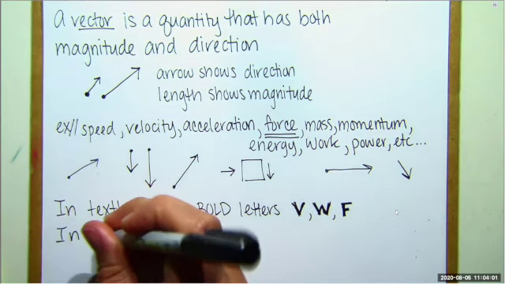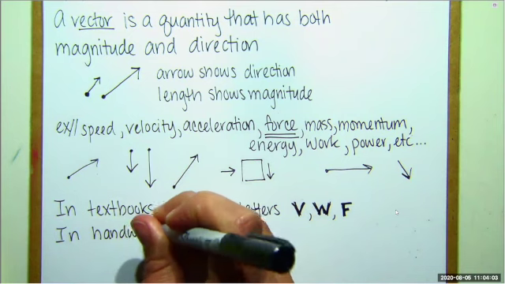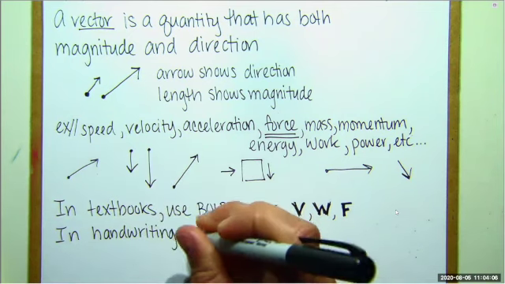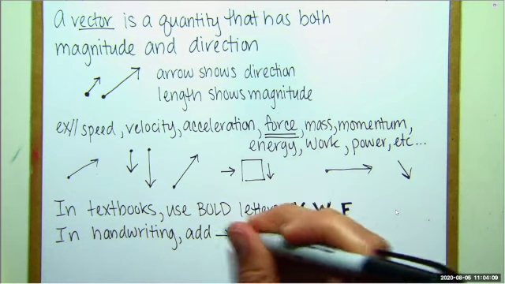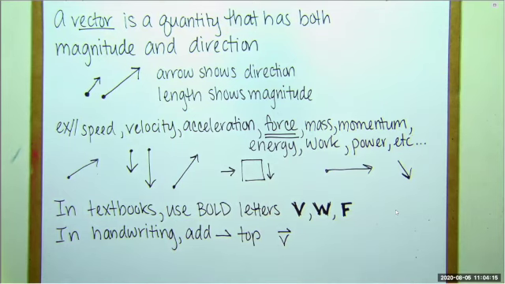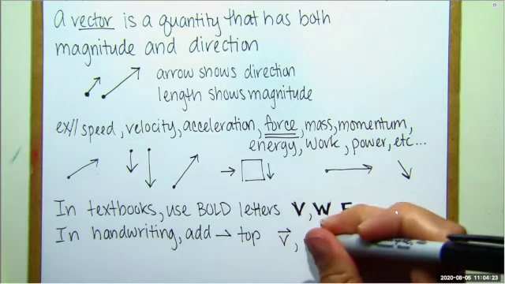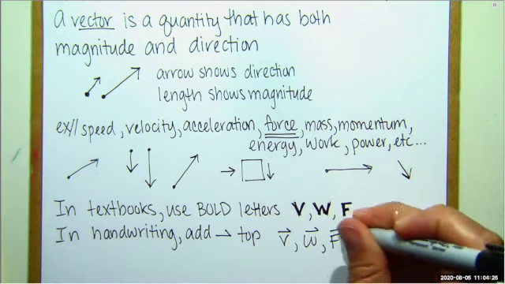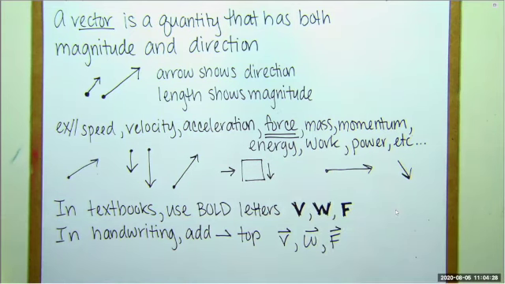So usually in handwriting, the way we indicate a vector is with a little arrow on top. We would just write V and then put a little half arrow. That's the convention, and it's kind of just out of laziness, so we don't have to draw a whole arrow the whole time. So we'd have V, here's W, here's F with a little half arrow. Sometimes you hear it referred to as hat, like V hat, W hat, F hat. But anytime you see this, it indicates a vector, or in a textbook, if you see the bold print, that represents a vector.